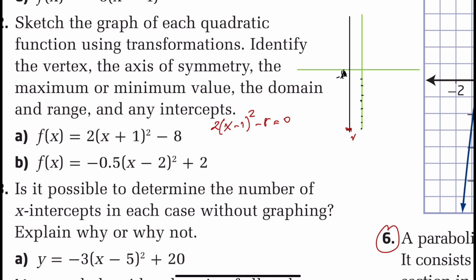This means that 2 times ((x + 1)² - 4) is equal to 0. Because 2 never equals 0, we can remove that. That means (x + 1)² - 2² is equal to 0.